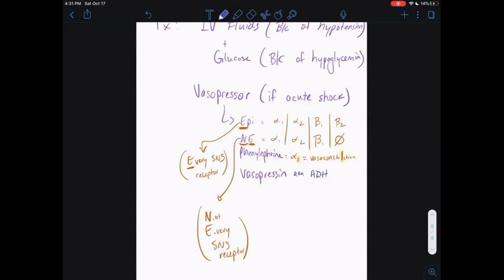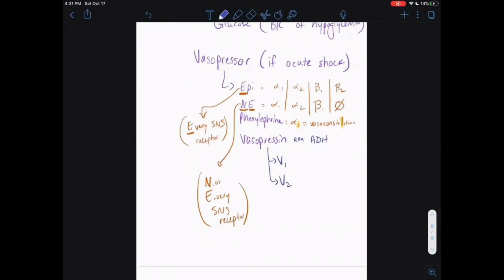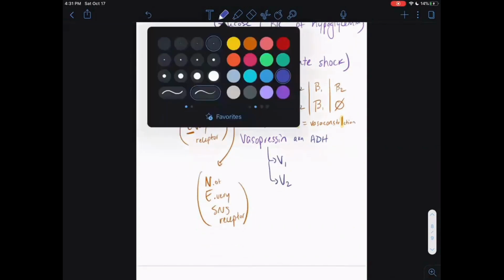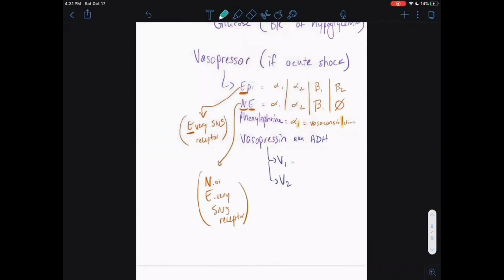Vasopressin binds to two receptors: V1 and V2. So V for vasopressin, V for the receptor it binds to. My mnemonic for V1 is the same as for alpha 1: vasoconstriction. The 1 for V1 should remind you that it causes vasoconstriction just like alpha 1 does.